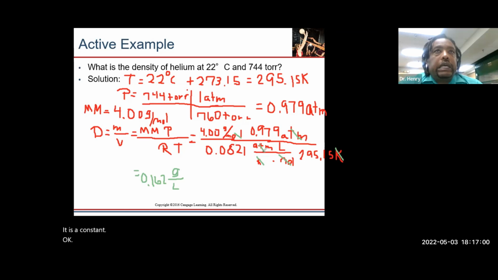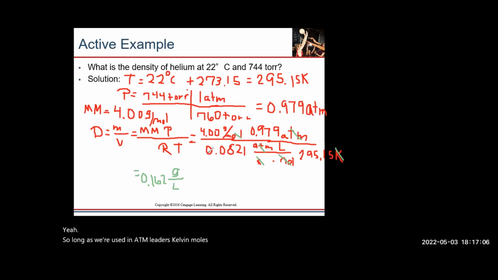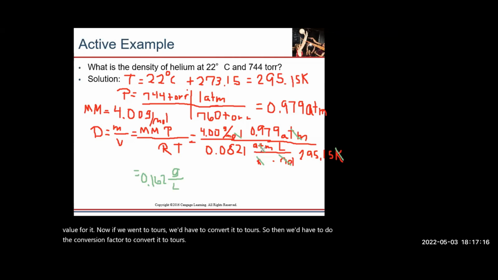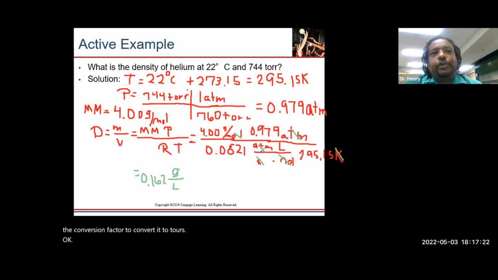Yeah, so long as we're using atm, liters, Kelvin, moles, that's always going to be the value for it. Now, if we went to torr, we'd have to do the conversion factor. That's why we like to put everything into atmospheres so that we can always use that R value.